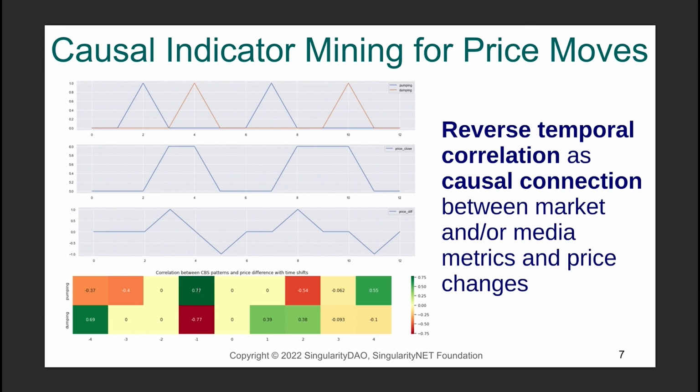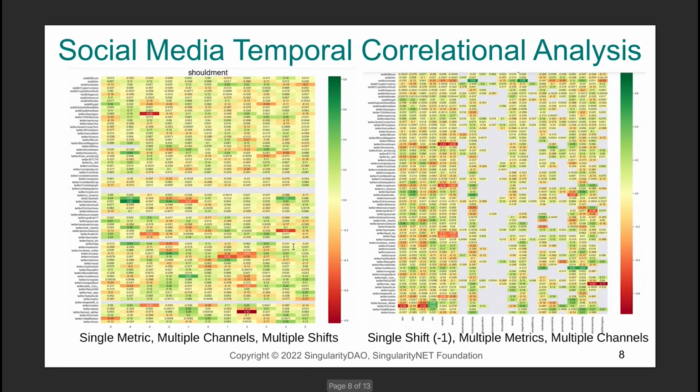So these high correlation cells on the heat map at the minus 1 shift point are pointing to potential causal connections between the respective source indicators like pumping and dumping and the target indicator, which is the price difference. So correlation is not causation, but temporal correlation is more like causation, or can be thought of as causation.